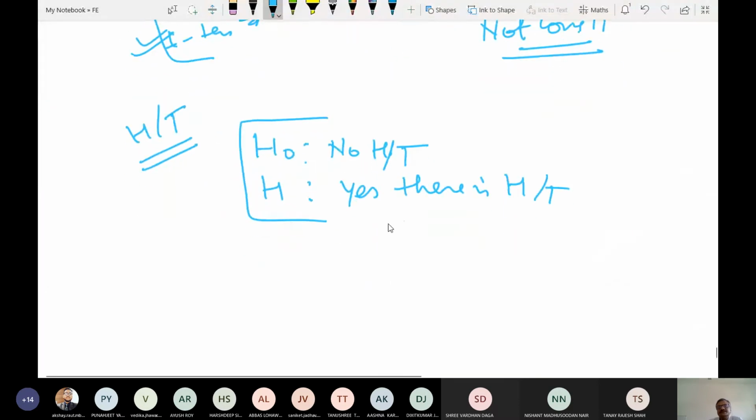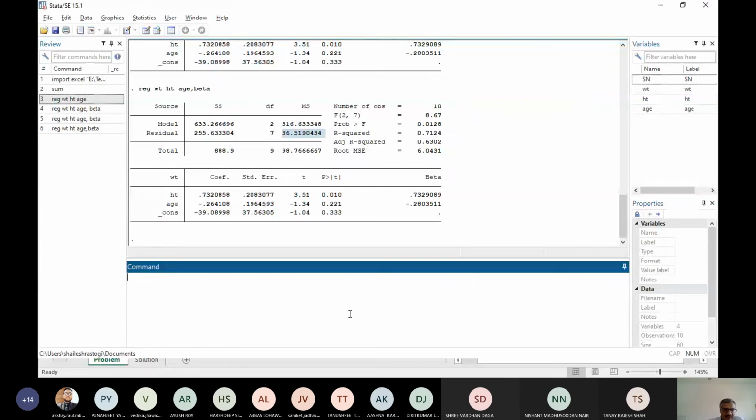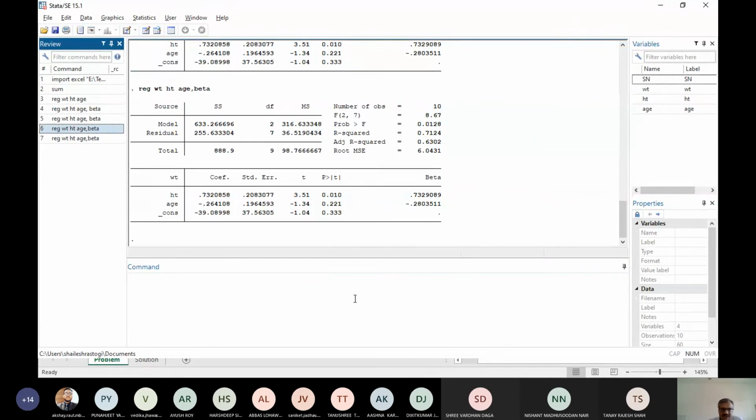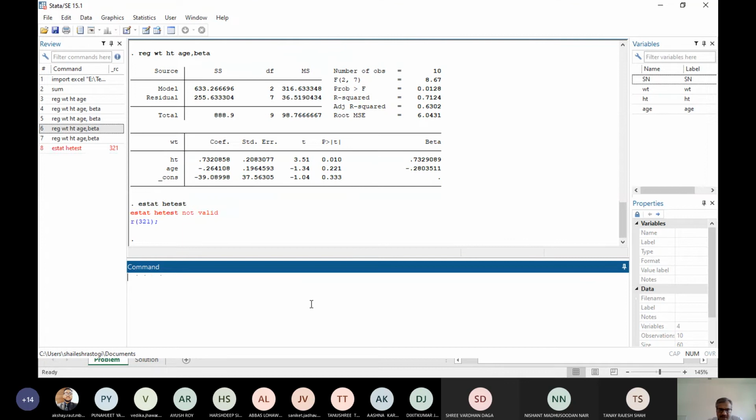Okay. So this is it, and I'll take you to Stata. In Stata, there is a follow-up test. Once I have run the regression, the command you have to write, remember, is estat hettest. I'm just missing some spelling.